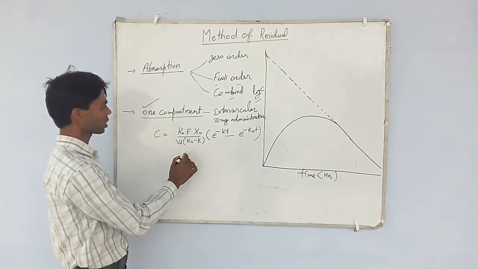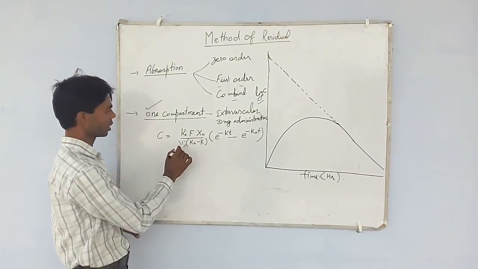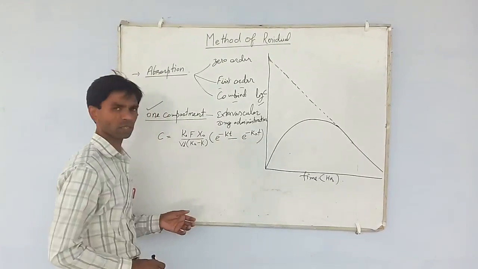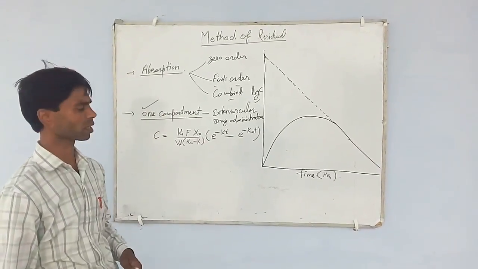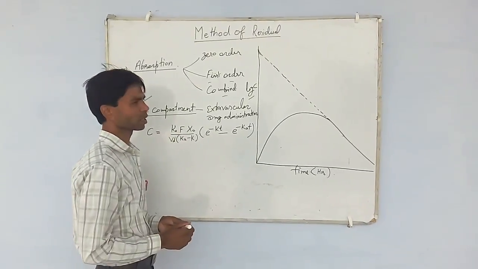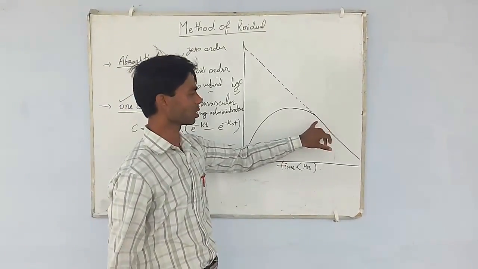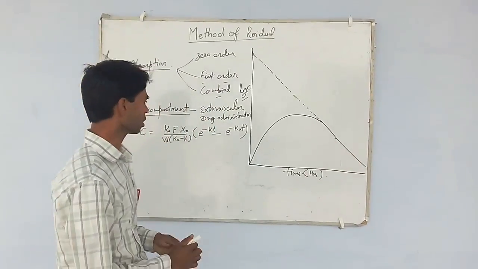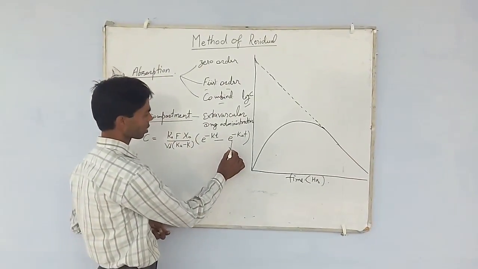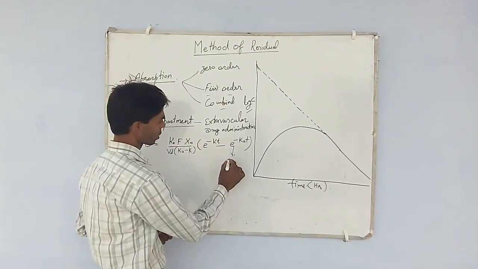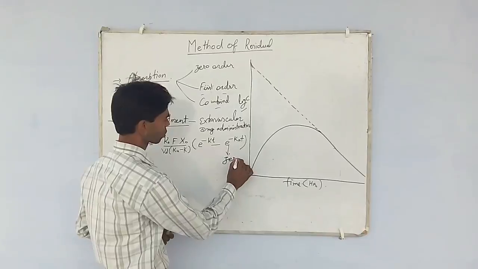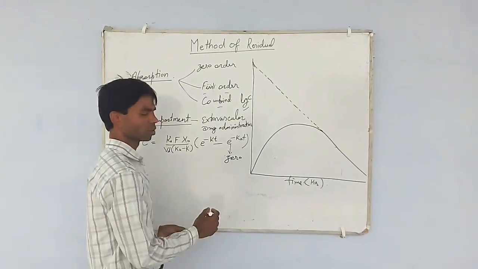The equation comes as C is equal to this factor into a biexponential term. This equation is also known as the biexponential equation. After the time at which the absorption is completed, in the elimination phase, the second exponential term is reduced to 0, or becomes 0.